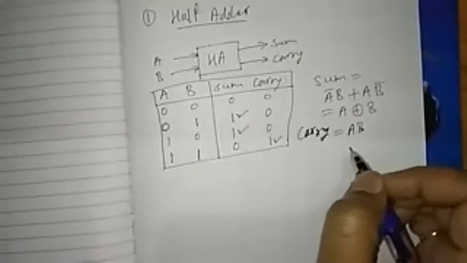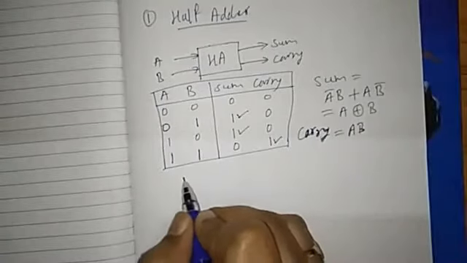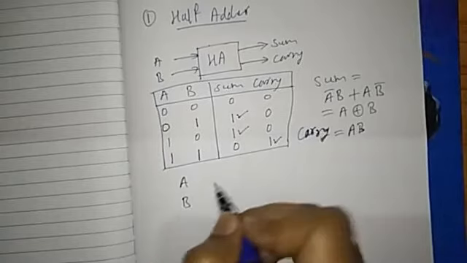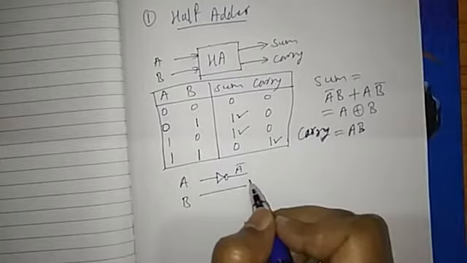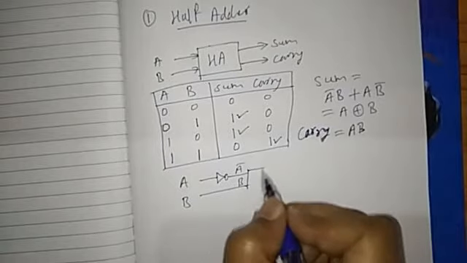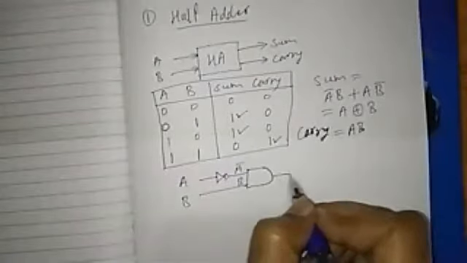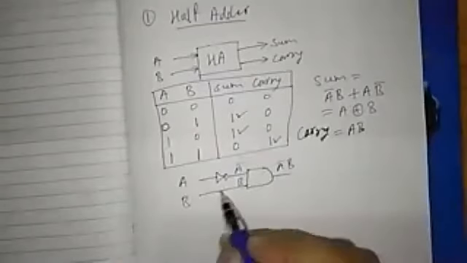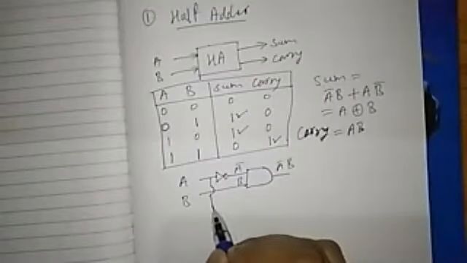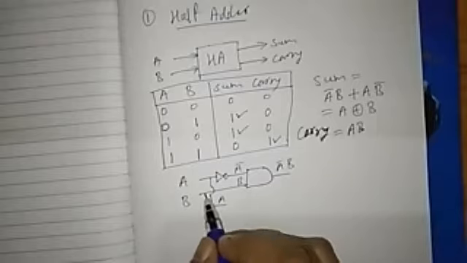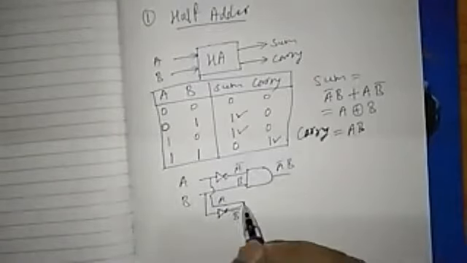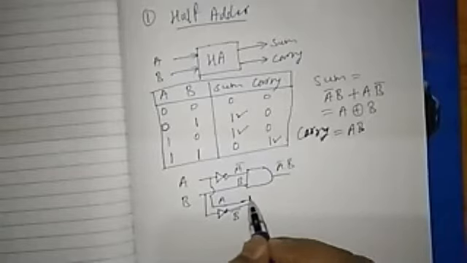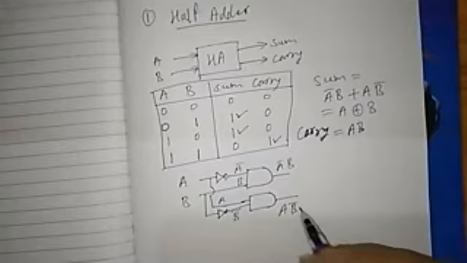Now if I ask you to implement the half adder using basic gates, it is very simple. With inputs A and B, this will be A bar, this is B, therefore this will be A bar B. Similarly, this is A and then B bar, therefore both are connected, and for this I can take A B bar.